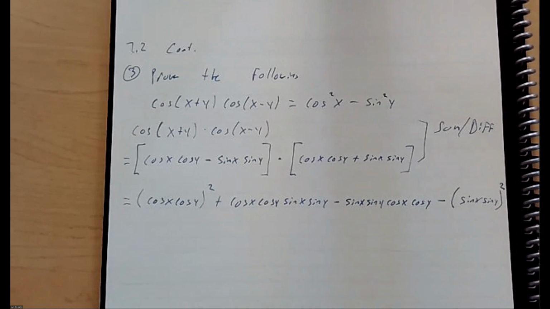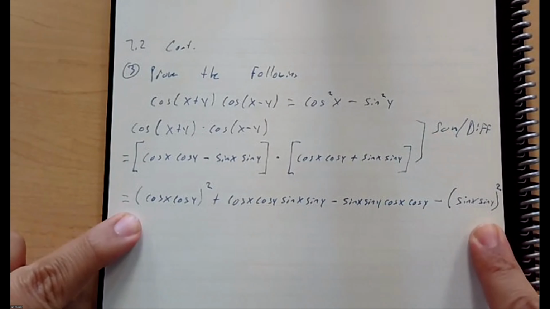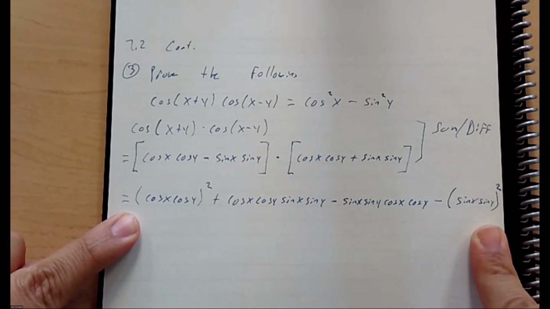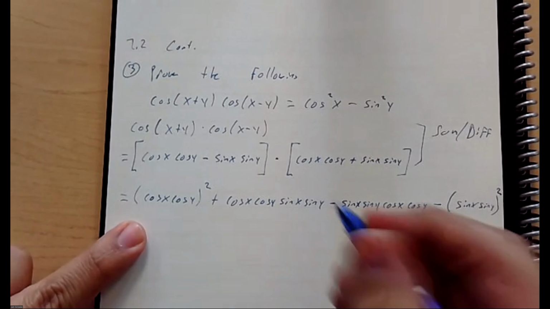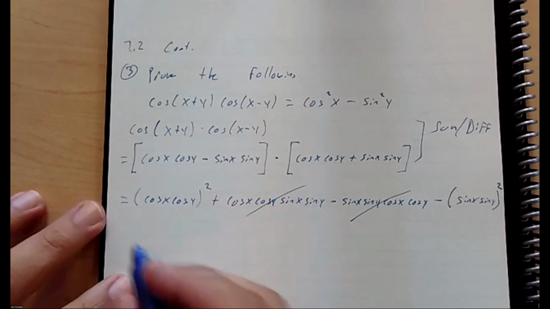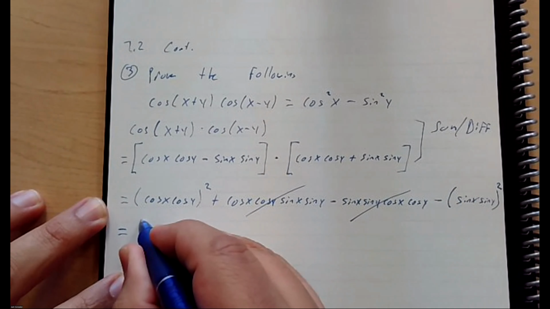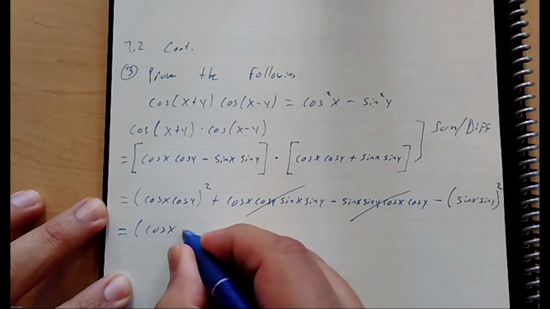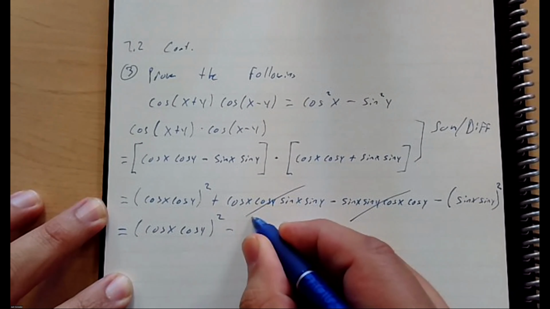So in hindsight, I just realized that that was a difference of squares, so we didn't have to do all this. We could just jump straight to the difference, right? But if you chose to FOIL it out and you didn't notice, you would get all these terms, and the middle will cancel because these are the same. So we should have just jumped straight to here: a squared minus b squared. But I'm tired and I missed it.